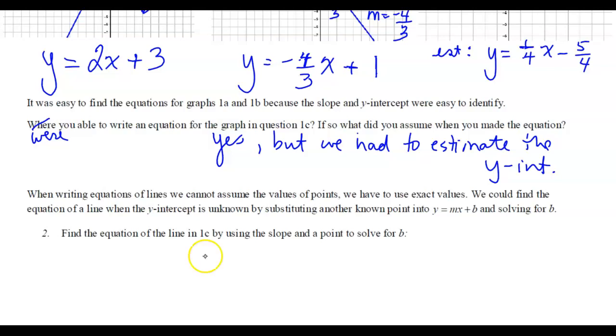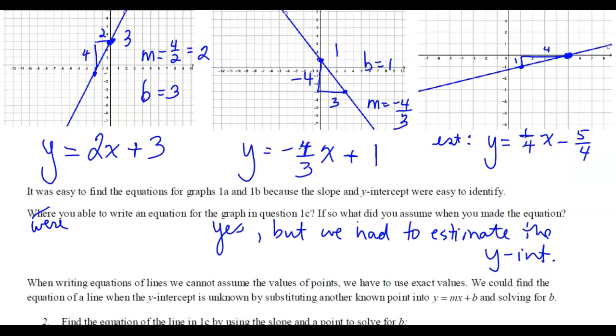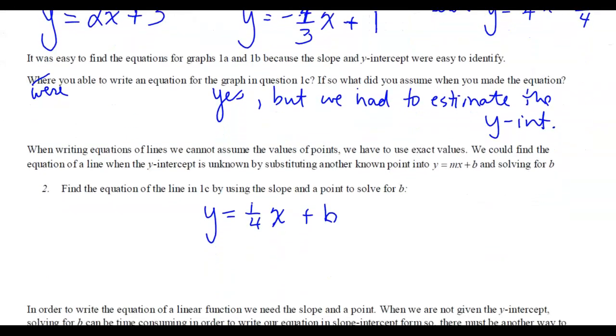So here we know the slope was 1/4. We didn't have to estimate that, okay? But we didn't know for sure what b was. So we're going to leave it as b and then choose another point. Okay, so we use this point to help us get our slope. So that was 1, -1. So I'm going to use that to find my value.